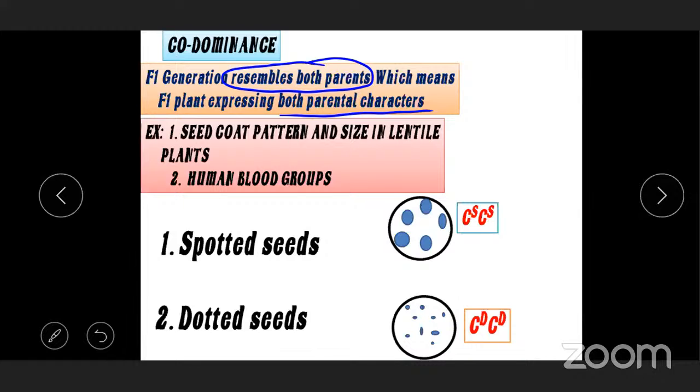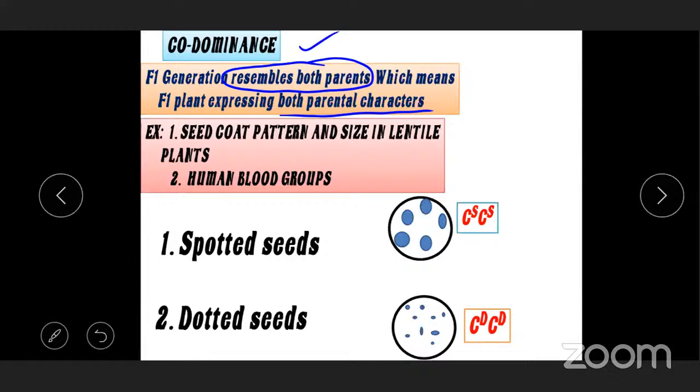In the first situation, the F1 plant does not express parental characters. In the second situation, the F1 plant expresses both parental characters. According to the law of dominance, the F1 plant expresses any one of the parental characters. But in this situation, the F1 plant expresses both parental characters. That situation is known as co-dominance.